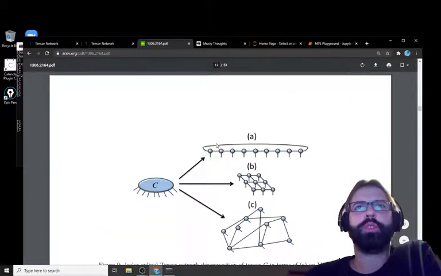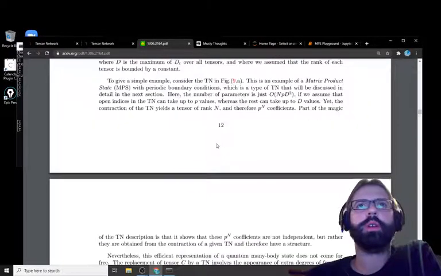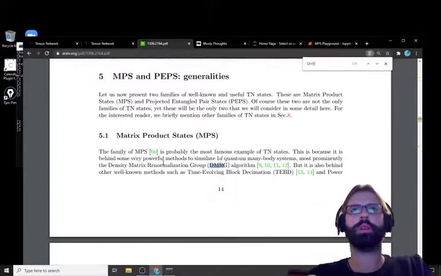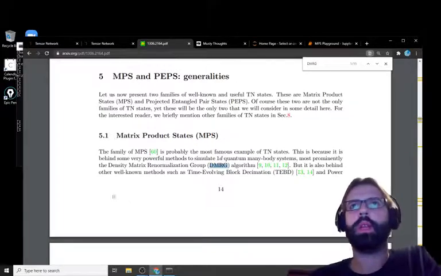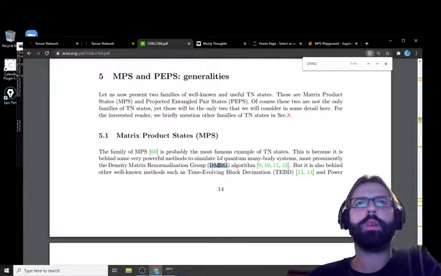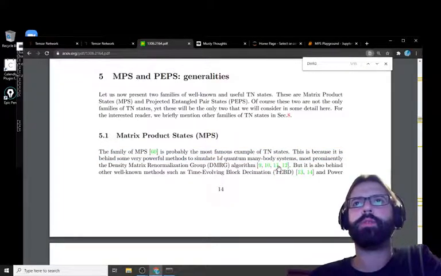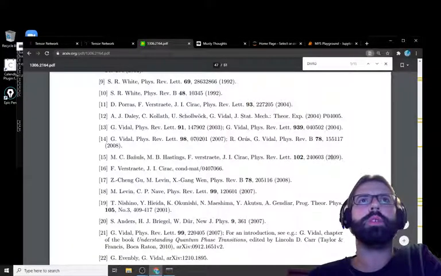Maybe I should just read further here. Is DMRG explained somewhere? The MPS is probably the most famous example of tensor network states because it is behind some very powerful methods to simulate one-dimensional quantum many-body systems, most prominently the density matrix renormalization group. It's referenced in here. It's also behind other well-known methods, and so on. Okay, so where is this mentioned? Here. This is an algorithm from 1992.